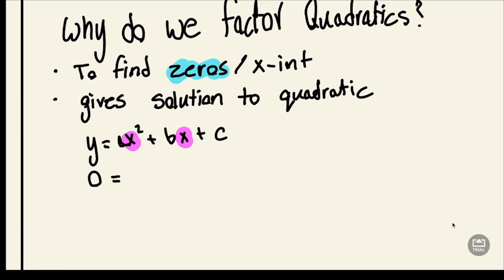Because if we look at a graph, y is this axis right here, and at the x-intercepts the y value is always going to be 0 because it's going through the x-axis, and that's just where y is equal to 0. So that's why we set the whole equation equal to 0.